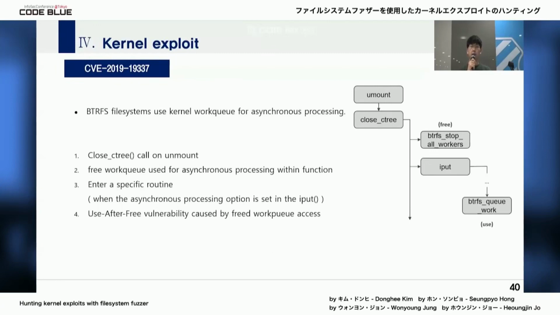However, if the async option is set in the output function called in the same close function, it enters a specific routine and a use-after-free occurs, referring to the work queue that has already been freed.